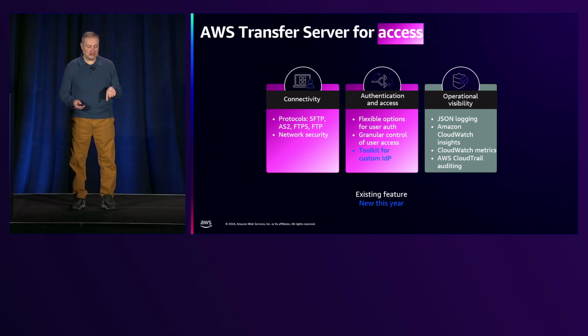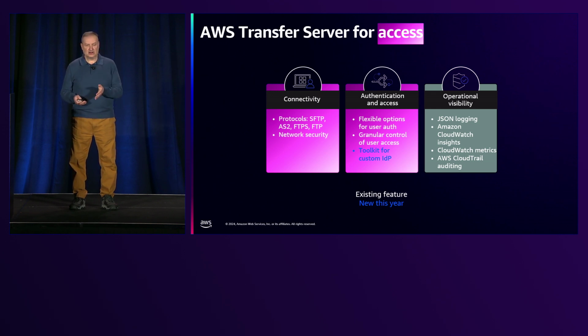On top of network security, you need obviously strong authentication and authorization options. You need options to give granular control to your users. And we do that, we'll go in detail in the next slide, and we actually released this year a toolkit that allows you to easily integrate Transfer Family with external identity providers, like Okta or Entra ID or Amazon Cognito, whatever you use.